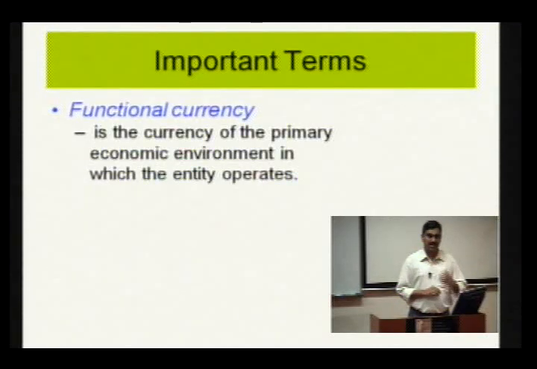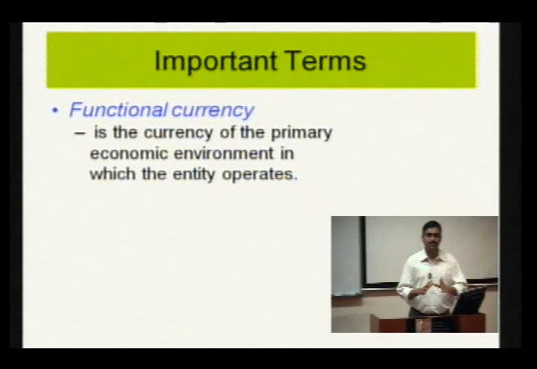But to understand that, there are some specific terms like functional currency. Functional currency is the currency of the primary economic environment in which the entity operates. In principle, for a Singapore based company, the Singapore dollar may be the functional currency. For an Indian based company, the Indian rupee may be the functional currency.